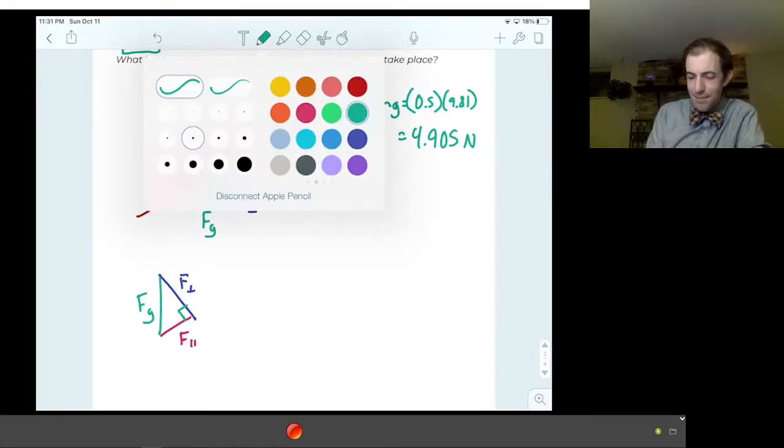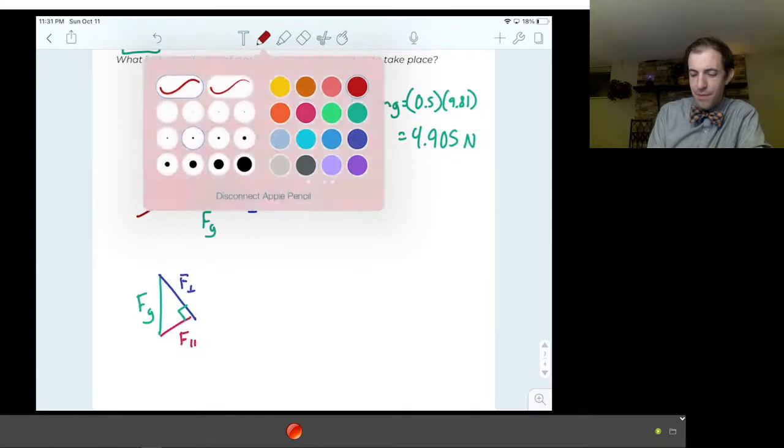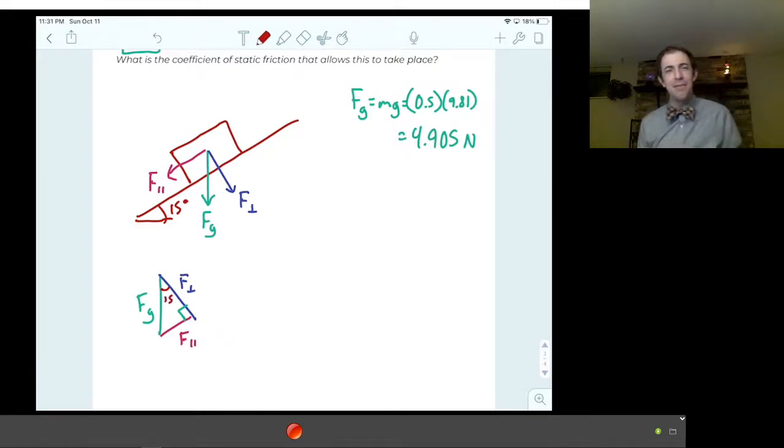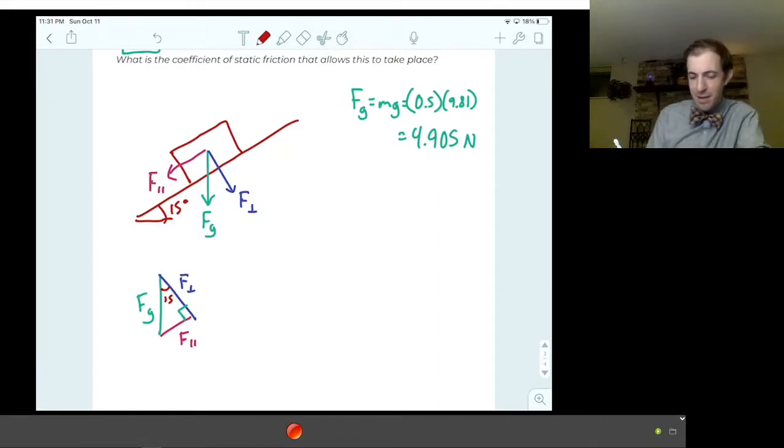And the angle that's given to me in this problem, 15 degrees as the angle of the ramp, is the same thing as the angle here in this similar triangle, the angle between Fg and F perpendicular. That's 15 degrees there as well.